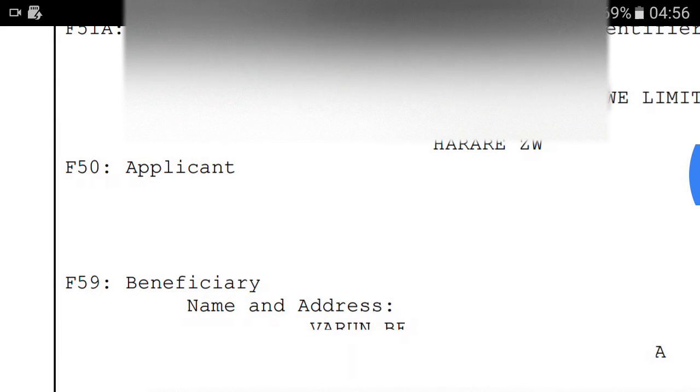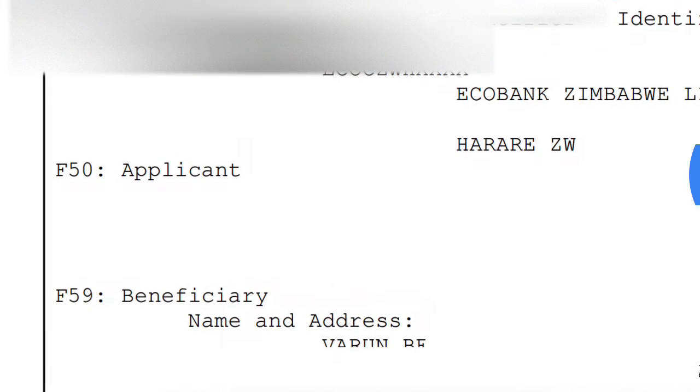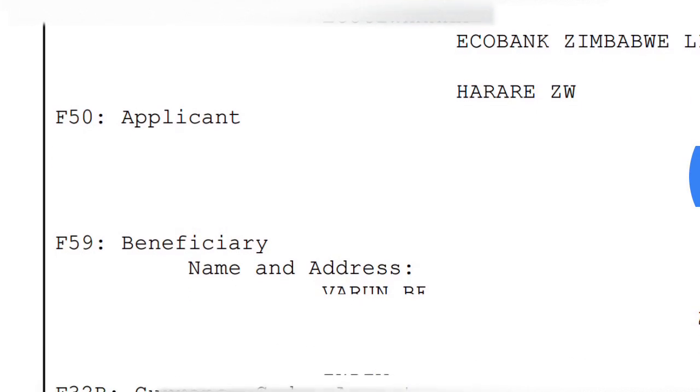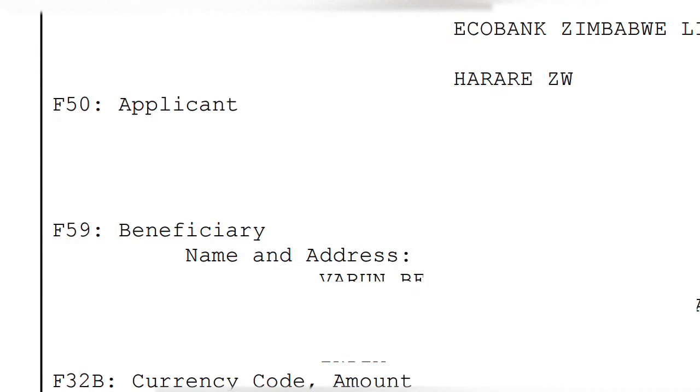Here is who is going to apply, so there will be the address of the applier of the LC. This is the buyer, who is importing goods from another country and needs to pay under the LC.